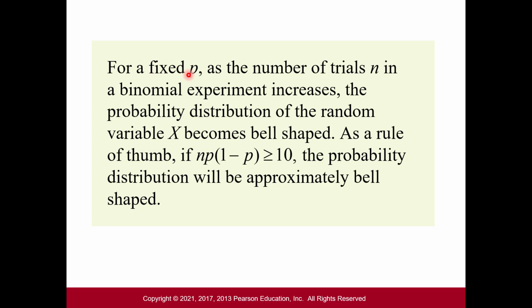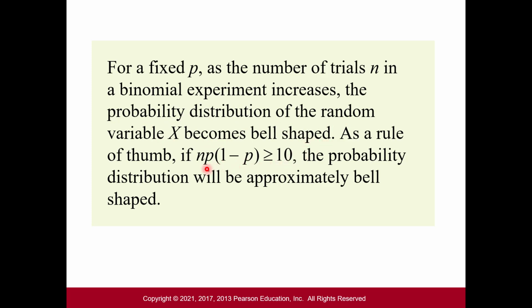And so for a fixed probability P, as the number of trials N in a binomial experiment increases, so if you keep doing this trial over and over, and increasing that number, the probability distribution of the random variable x becomes bell-shaped.